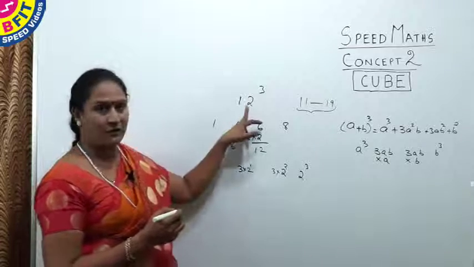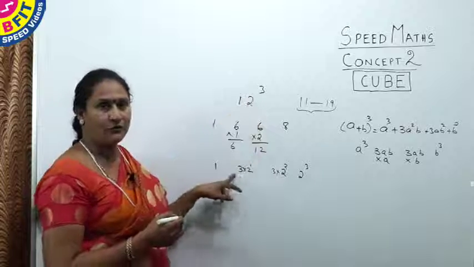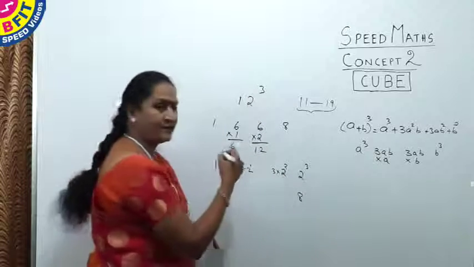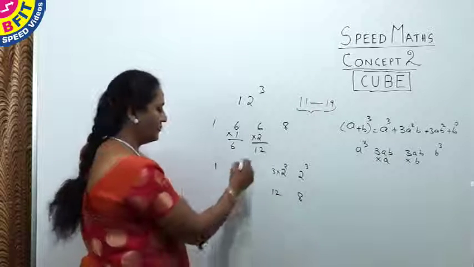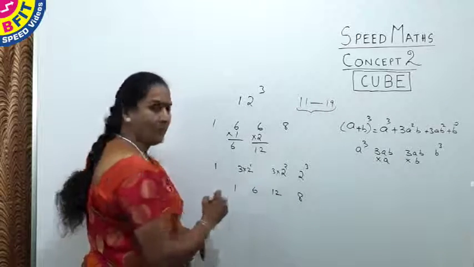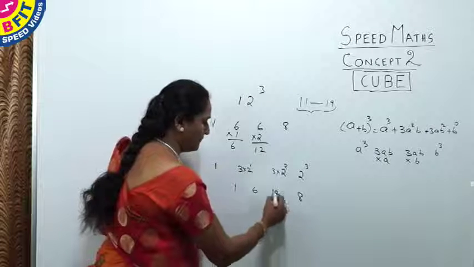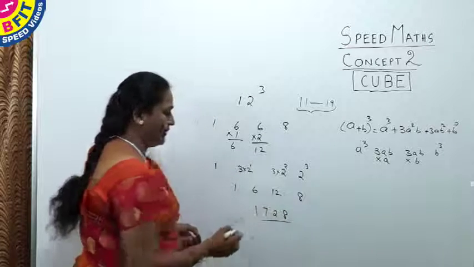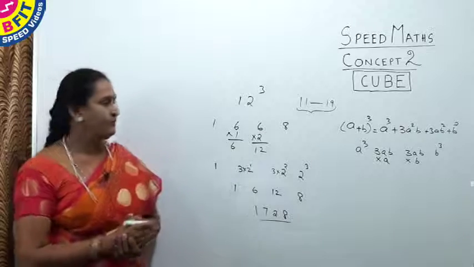I have 2 here, so 2 cube, then 2 square into 3, 2 into 3, and then write 1. What is 2 cube? It is 8. 2 square into 3 is 12. 2 into 3 is 6, and then 1. Now by collecting the answer, 8, 2, 6 plus 1 is 7, and 1. So 1728 is the cube of 12.